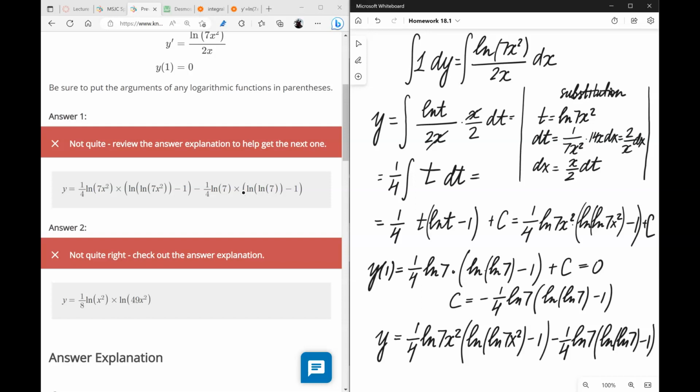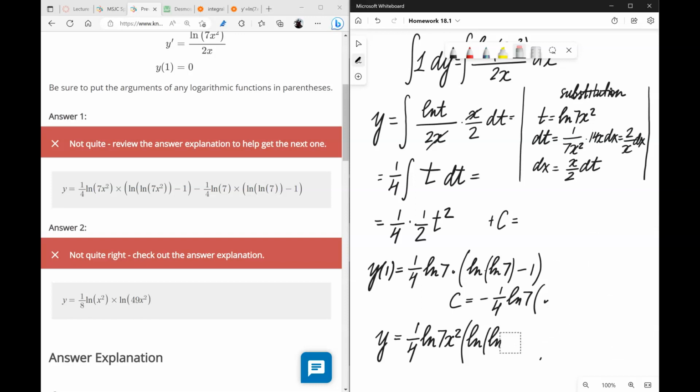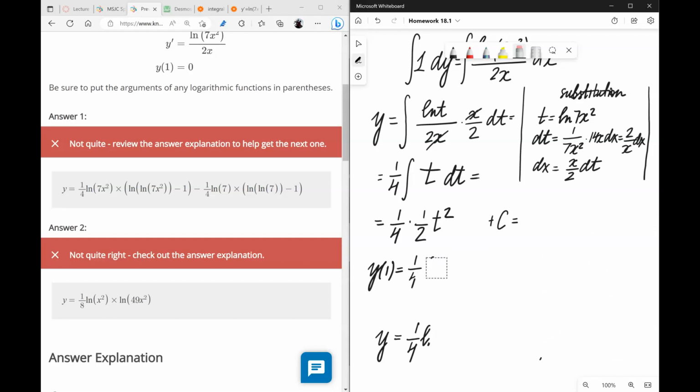So we don't have any of this craziness here. We have 1/2 of t squared plus c. And I'll just erase all of this. This was such a waste of time.